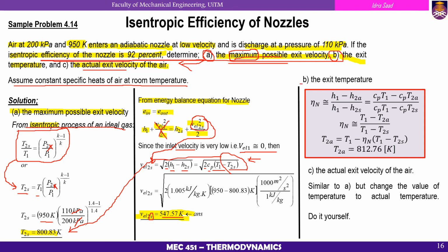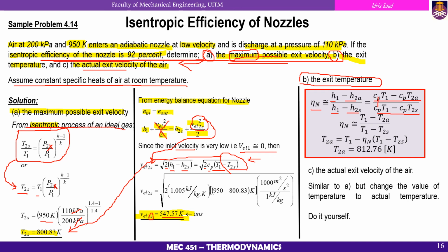Okay, B. They ask about the exit temperature. For the exit temperature, we can use the nozzle efficiency: H1 minus H2A divided by H1 minus H2S. We know that H is equal to CpT, so Cp T1 minus Cp T2A divided by Cp T1 minus Cp T2S.